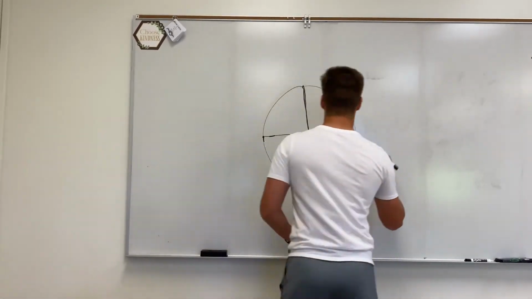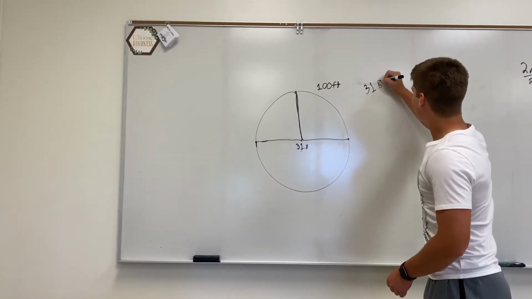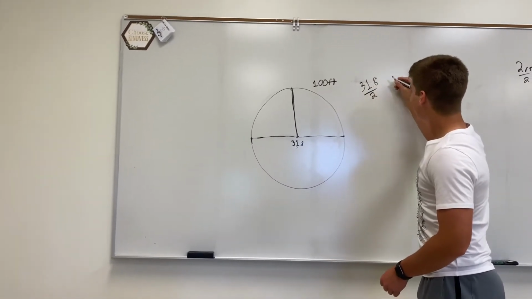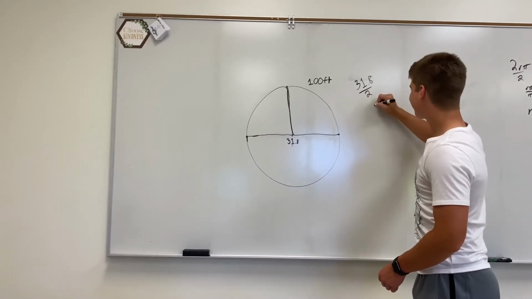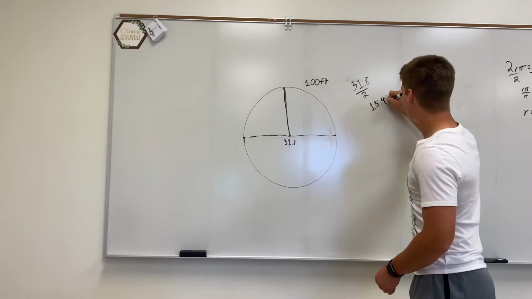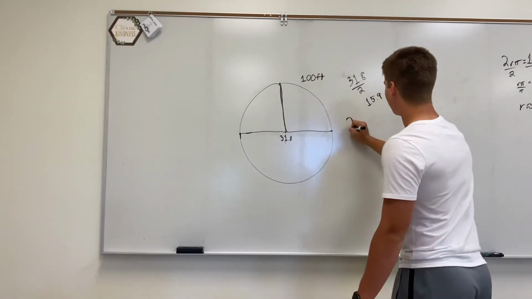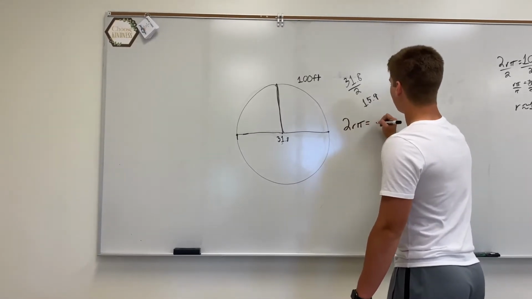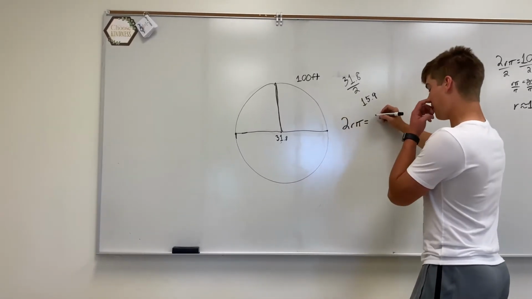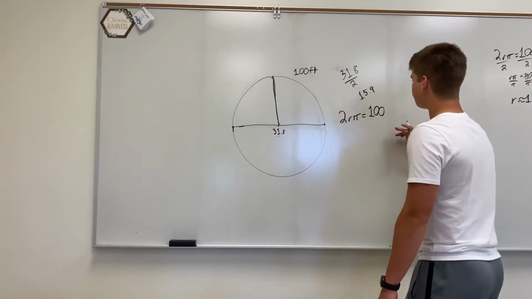So there's two ways you can find out the radius. You can either take your diameter and divide it by 2, and you get your radius, which would be about 15.9. Or you could do the mathematical way, the equational way, of 2 r pi is equal to your circumference.